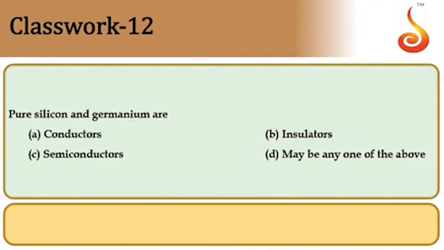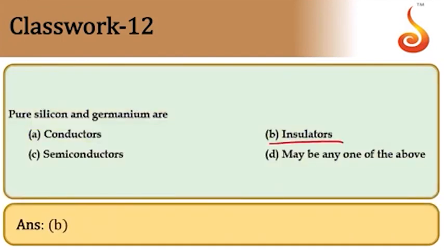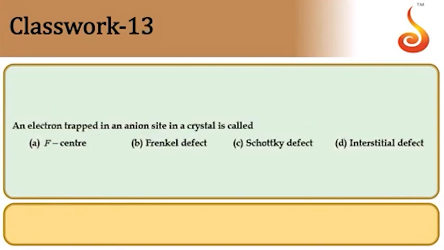Then the 12th one: pure silicon and germanium are insulators. Only after doping do they act as semiconductors. Without doping they are insulators. So the answer is insulators. Then an electron trapped in an anion site in the crystal is called an F center, and these are responsible for color.